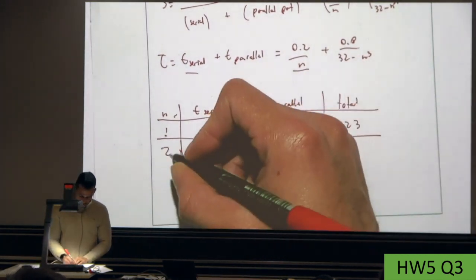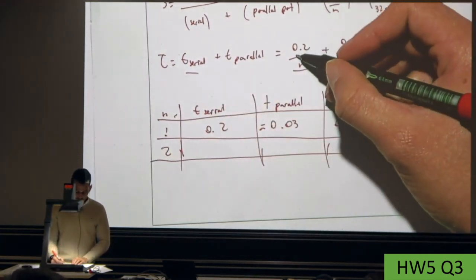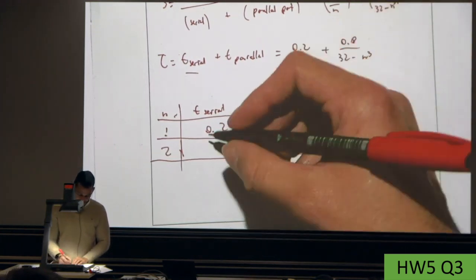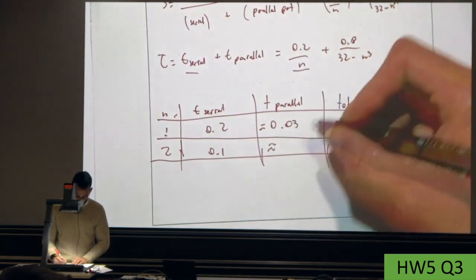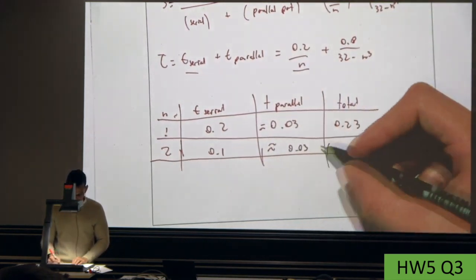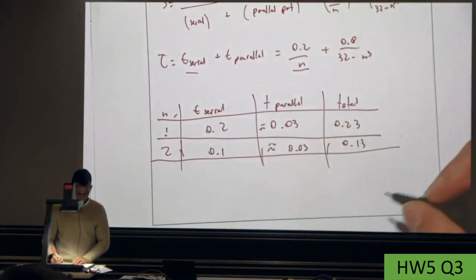If n is equal to 2, this is going to be 0.2 divided by 2, that is 0.1, and the parallel part is also something close to 0.03, and the total time is 0.13.